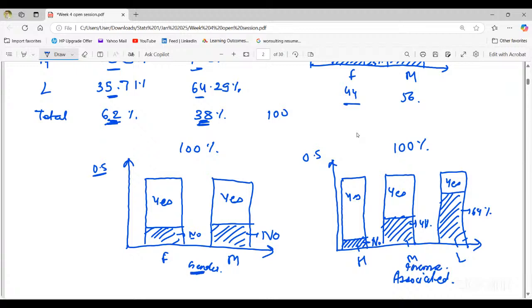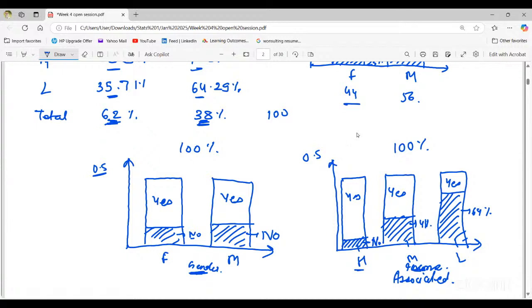So we are comparing owning a smartphone with the gender, and with the income. If we see here, gender doesn't play any role in owning a smartphone. But if we see the income, it is playing a major role, right? The people who have high income, a major share of them are owning a smartphone. In medium, 41% and 60% are owning a smartphone.